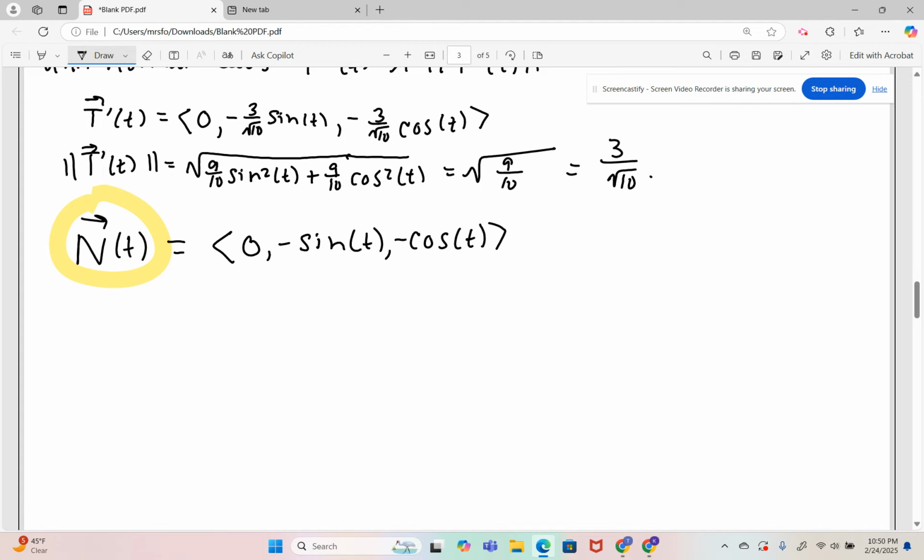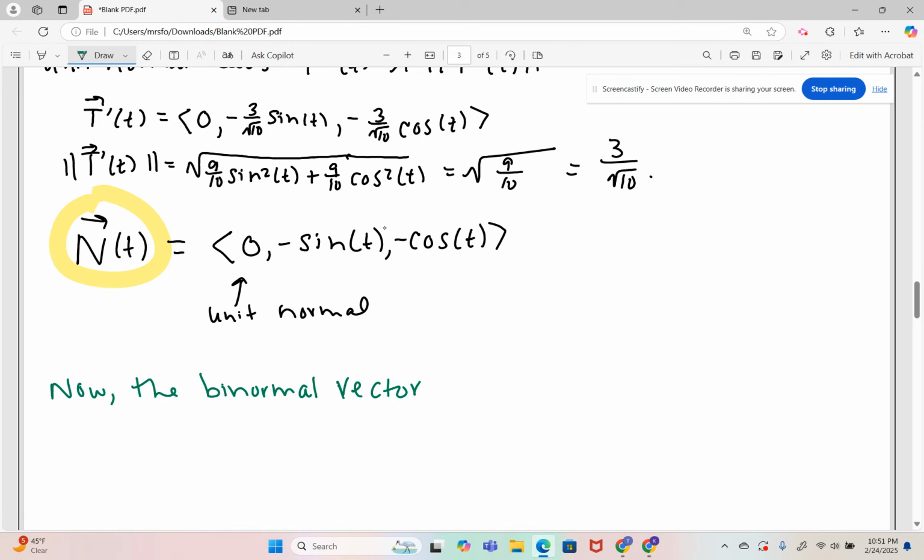And so the last thing it asked us to find, this is the unit normal. So now the binormal. All my years in algebra, I want to call it binomial. Obviously it's not. This is not what we're doing, but I'm so used to saying that.